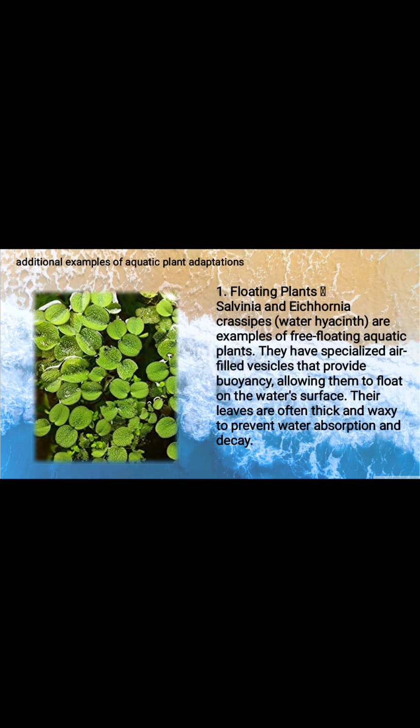The thick, waxy leaves of these plants prevent water absorption and decay, making them ideal for floating on the water surface. Next, Emma will talk about emergent plants, which grow in shallow waters but have unique adaptations that allow them to thrive even above the water surface.